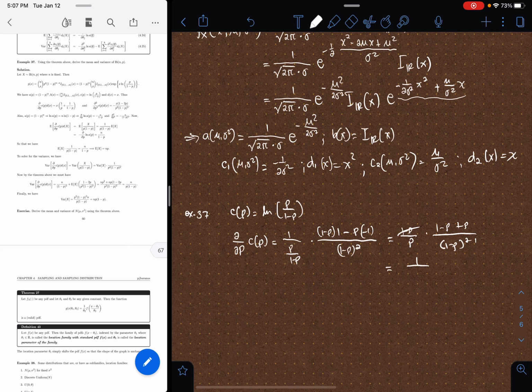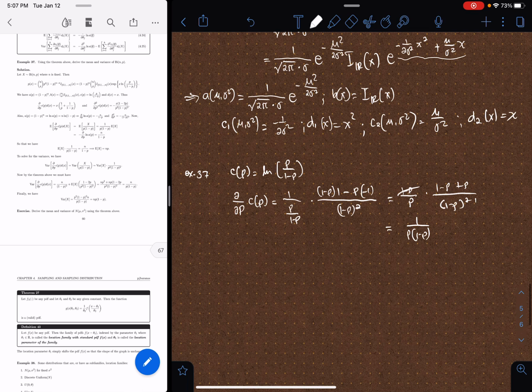So 1 over P times 1 minus P. Kaya ayan yun. Yung second partial niyan, differentiate again natin ito para makuha yung second derivative.